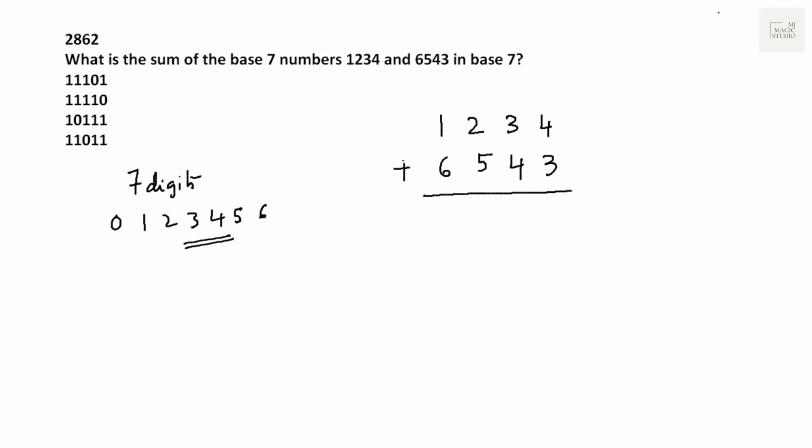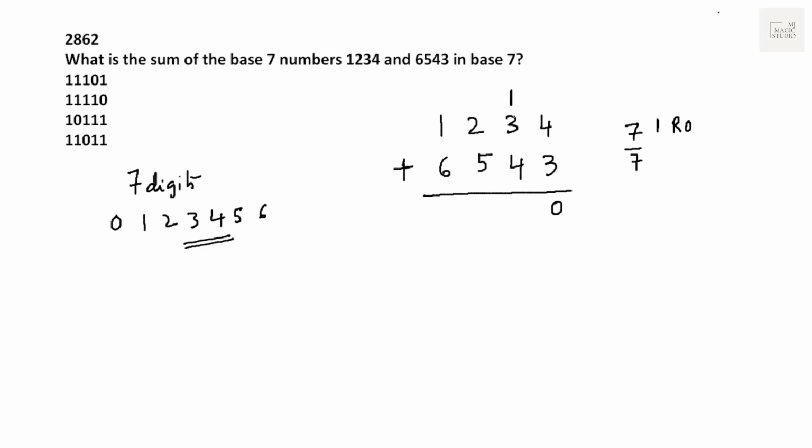So we'll use the same logic as we use in addition in base 10. 4 plus 3 is 7, but we don't have 7. Then what we'll do is divide 7 by 7, the quotient is 1, that will be the carryover, and the remainder is 0, that will come down. That is the simple process of how we add numbers in any base.